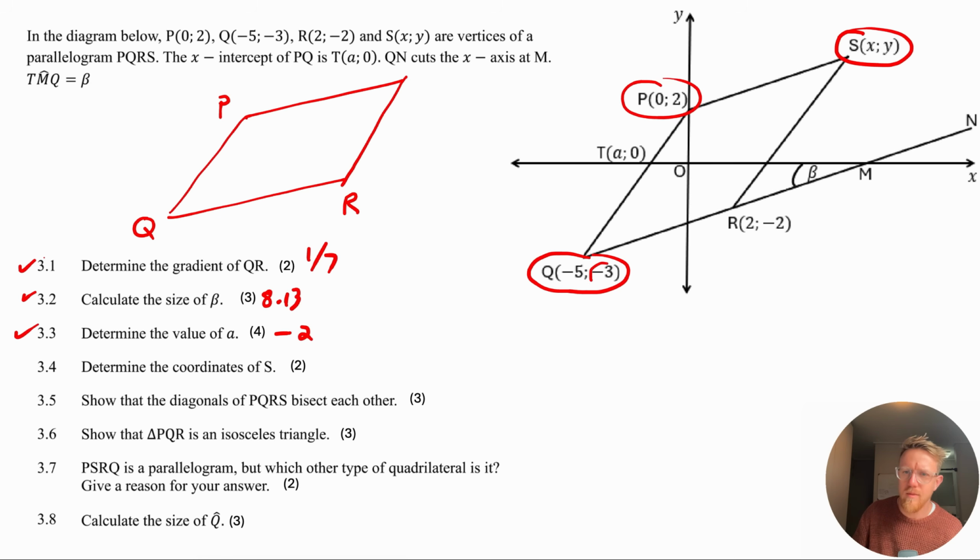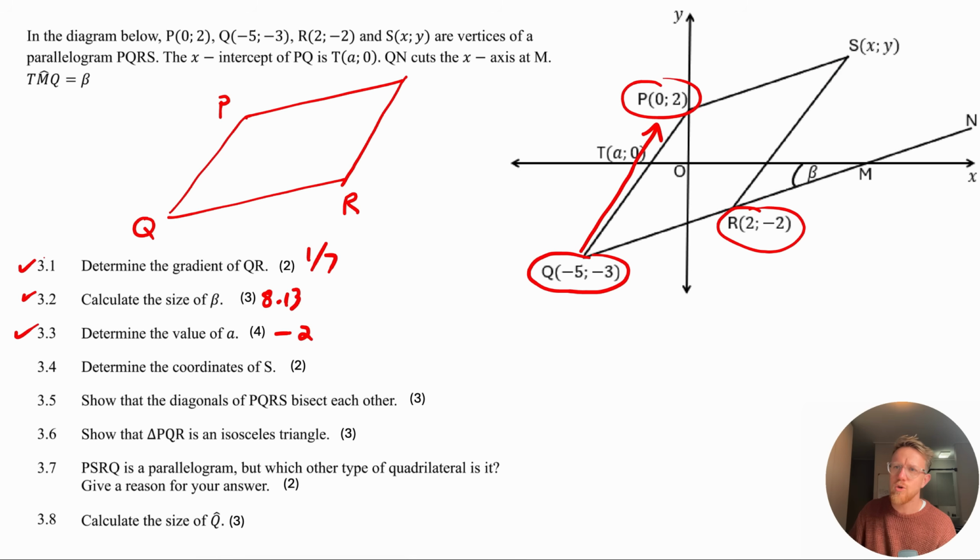They went from -3 to 2. How much did they go up by? They also increased by 5. So when you go this way, the x's go up by 5 and the y's go up by 5. So you could take R and do the same. You would increase the x by 5 and the y by 5, and that would give you S's coordinate.